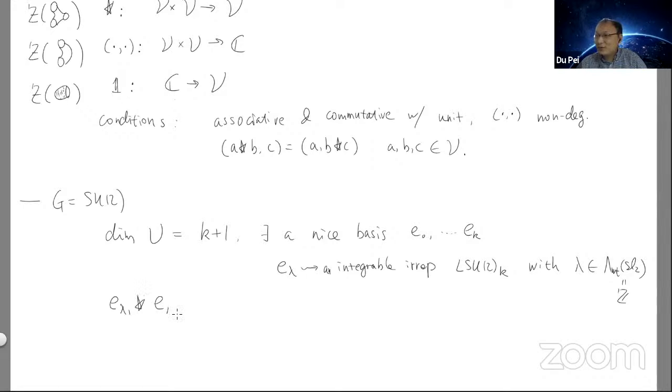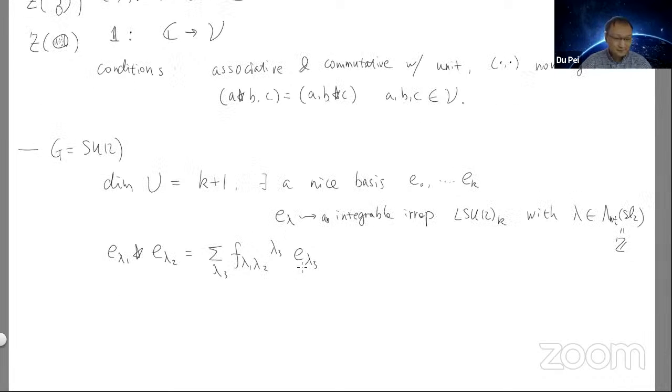You can take two basis vectors labeled by lambda 1 and lambda 2, and then you can expand their products, again in this basis, and you will obtain fusion coefficients denoted as f lambda 1, lambda 2, lambda 3. Let me give their form later.